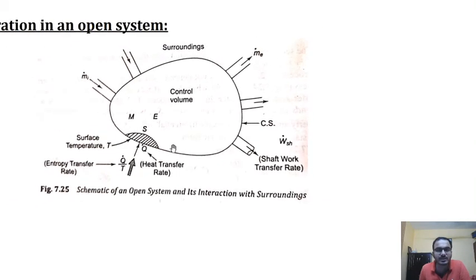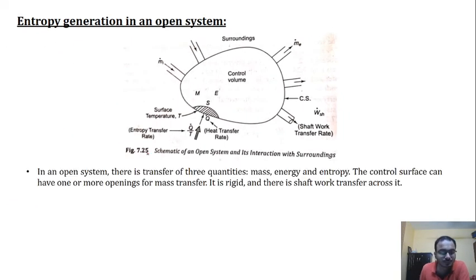So let's begin. In an open system, there is a transfer of three quantities: mass, energy, and entropy. When we were studying the fundamentals of thermodynamics, we were saying that there is only transfer of two quantities, mass and energy, but the third term is also present, that is, there is a transfer of entropy.